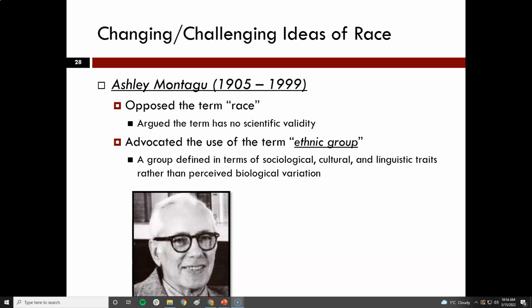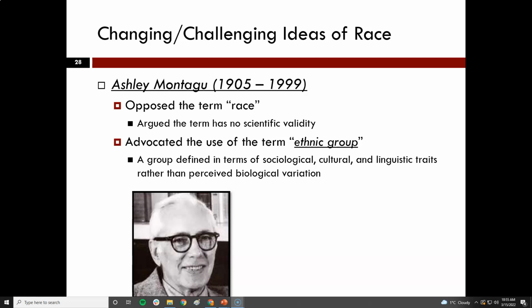What he was arguing is that, largely because of the clinal variation in expression of our biological traits, it is virtually impossible to classify us into distinct categories, that the variation we're seeing is the result of natural selection and population differences, and, importantly, that culture played a key role.